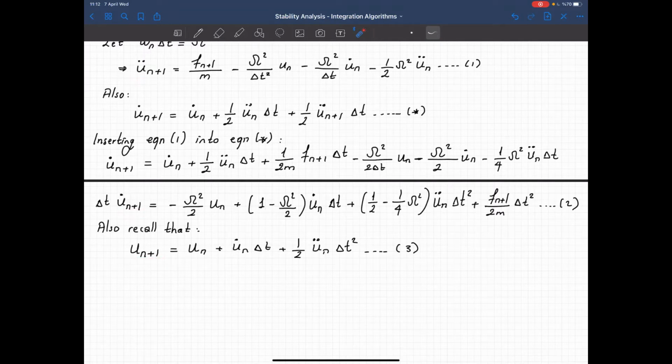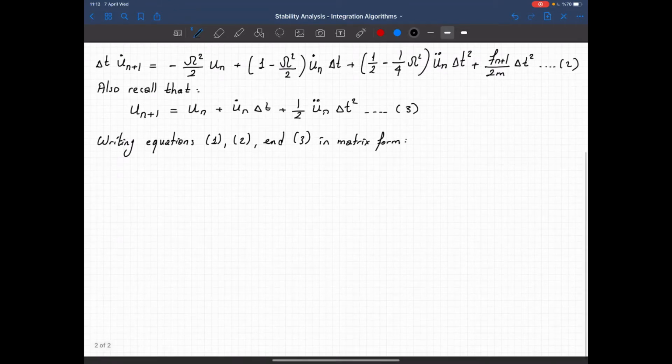acceleration. Now if I write these three equations, 1, 2, and 3, in matrix form, we obtain the following.